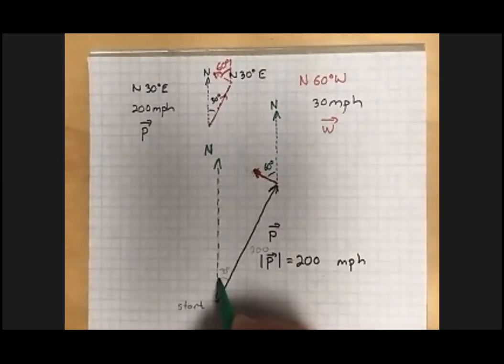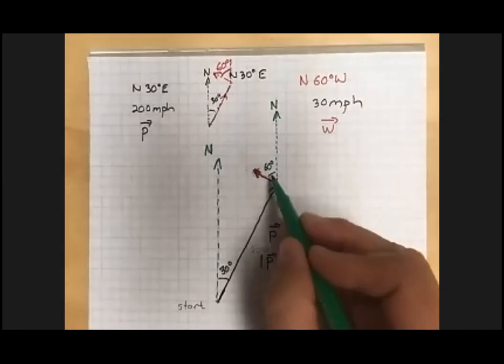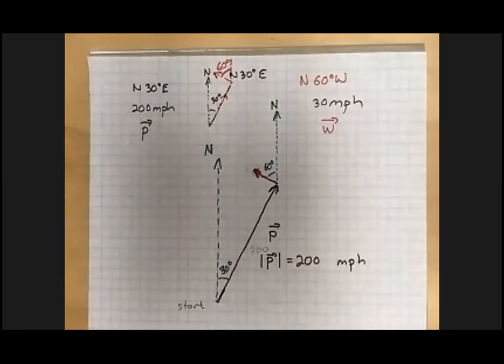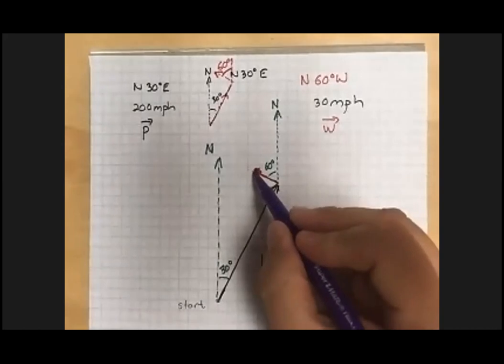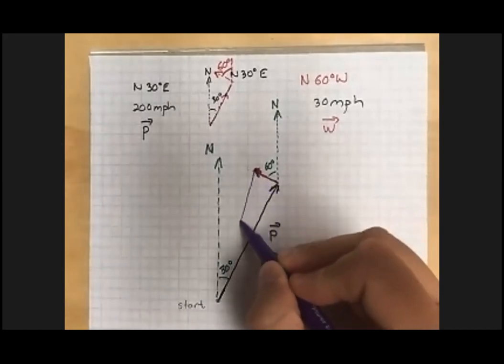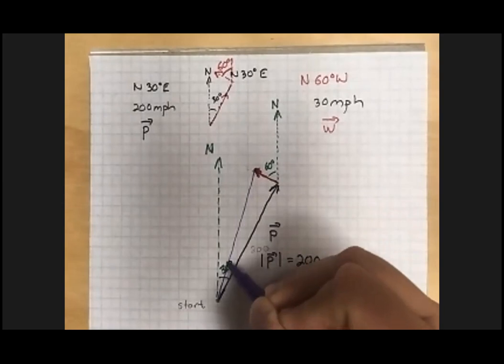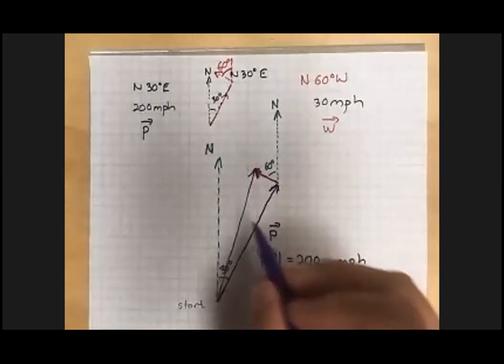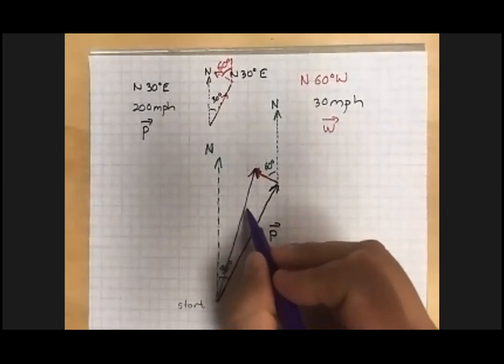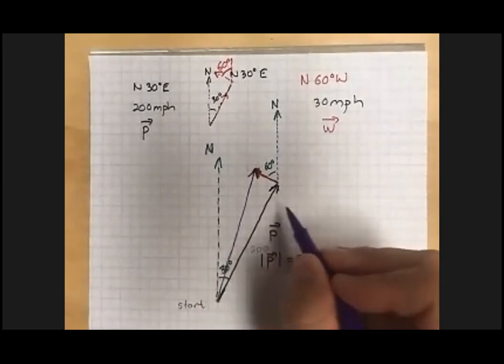The plane vector was 30 degrees east of north. This is 60 degrees west of north. And now what I want is what happens when I add these two vectors. That'll be the true direction and speed of the plane.